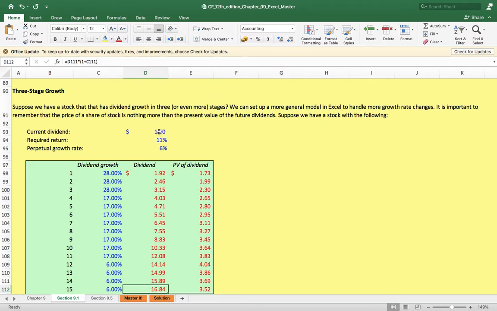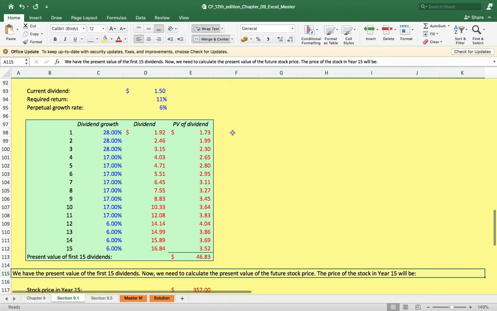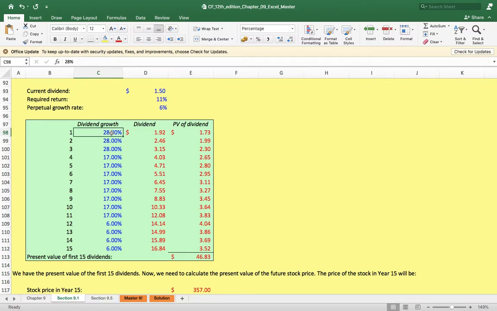The current dividend the company paid is $1.5 and the cost of capital, the required rate of return, is 11%. The perpetuity growth is 6%, meaning it will be reached after the three stages of growth finish. Let us see how it happens. You see here, the first 28% growth will continue for 3 years.